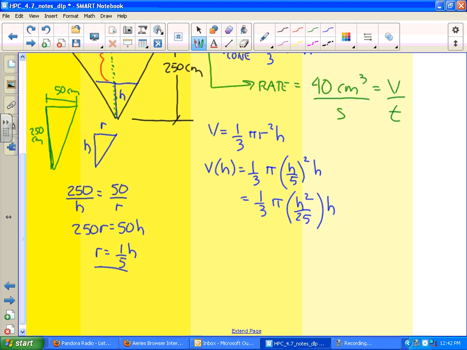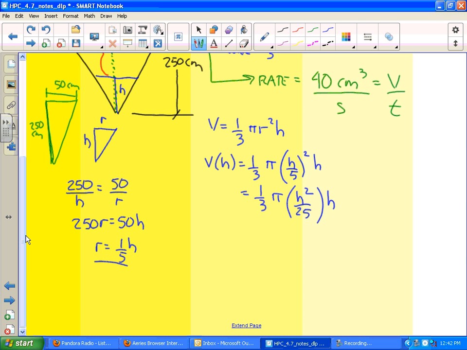So we get pi h cubed over 75. Now that's volume in terms of height.